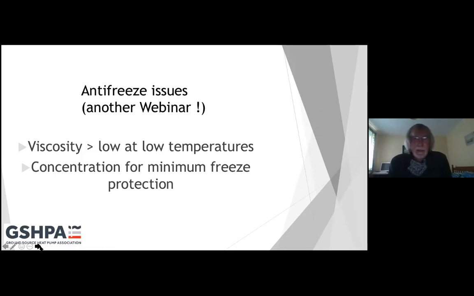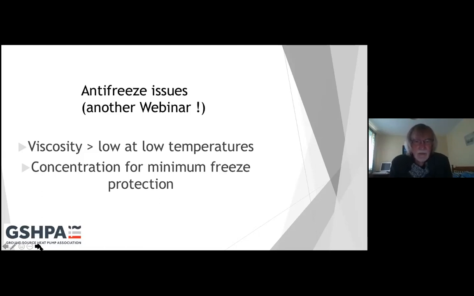And then there's some antifreeze issues. We could hold a whole webinar on antifreeze issues, but we're not going to do that today. So you want to be watching out for the viscosity of your antifreeze that you want to work at low temperatures. So we might be designing the system to go down to 1, 0, -1, -2, -3.